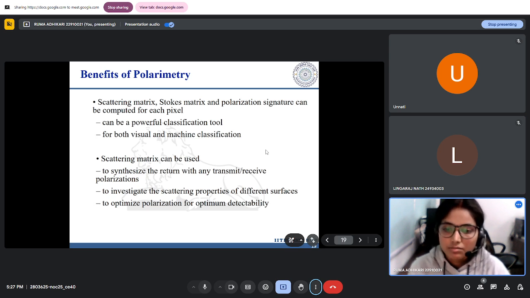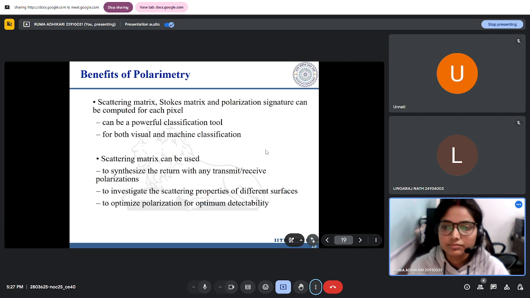And till now in optical we use the spectral signatures, that is one feature. Here using SAR we can use the intensity also, the phase also, but polarimetry is one quality of that data or image that we can use separately.